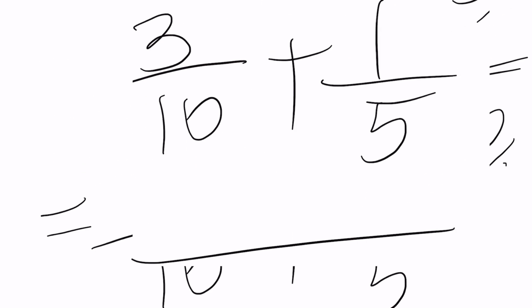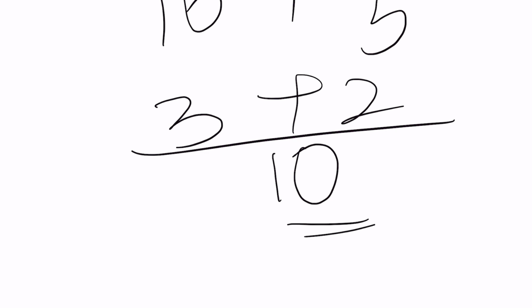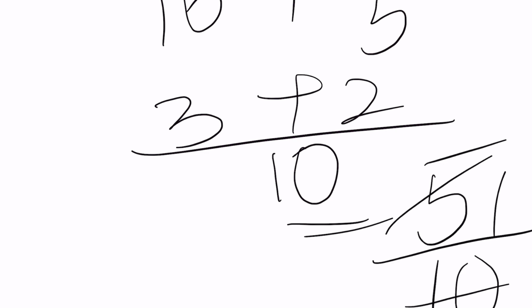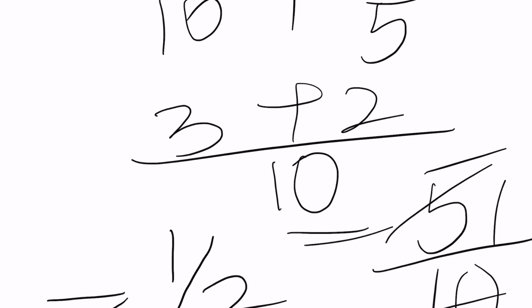So we have 3 over 10 plus 2 over 10, which is 5/10. Then this is 1/2. So for either a factor of 18 or a multiple of 5, we have 1/2.